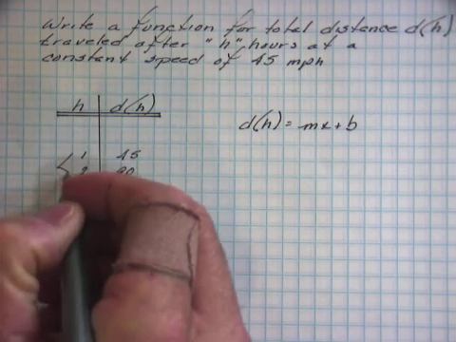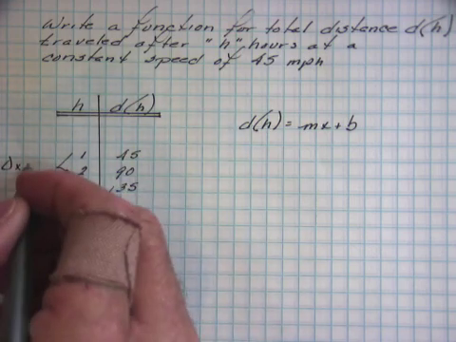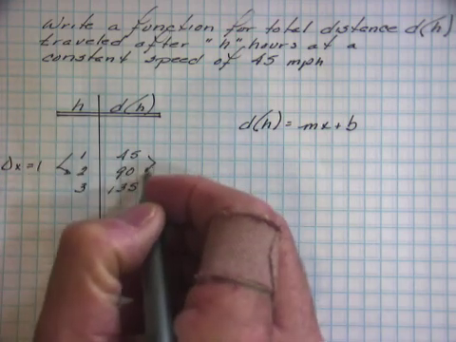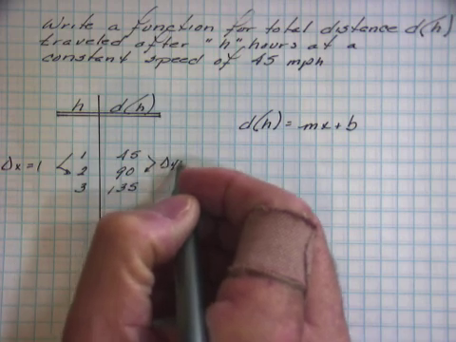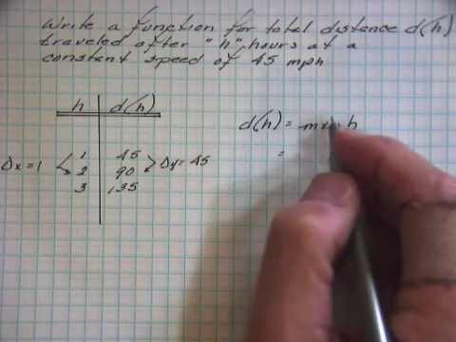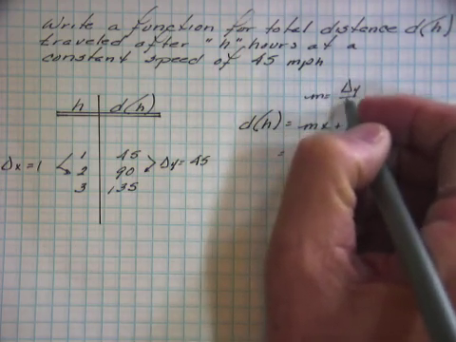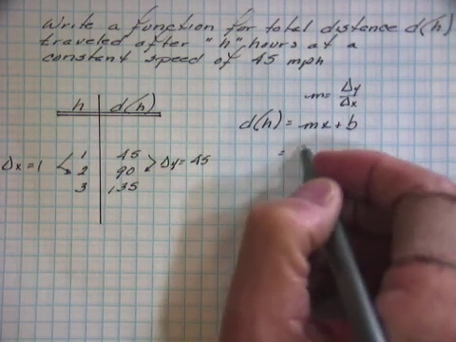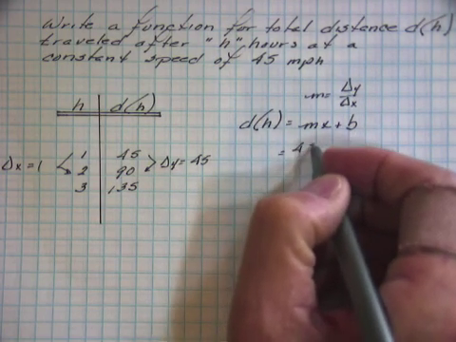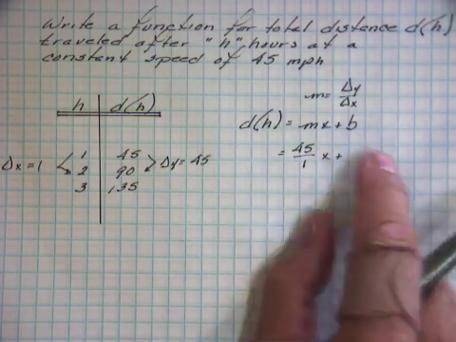And if I go for 3 hours at 45 miles per hour, I'm going to cover 135 miles. Okay, so my change in x values, my delta x is 1, and my delta y equals 45. So I can put those in for my slope, because remember, slope is delta y over delta x.